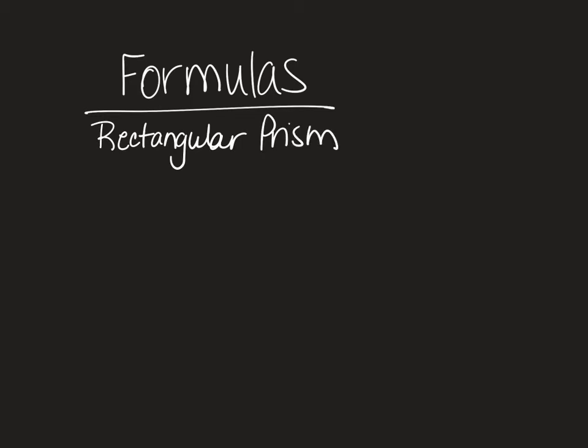The rectangular prism, okay? Now, the formula for this is SA equals 2 times height times width plus 2 times width times height plus 2 times length.